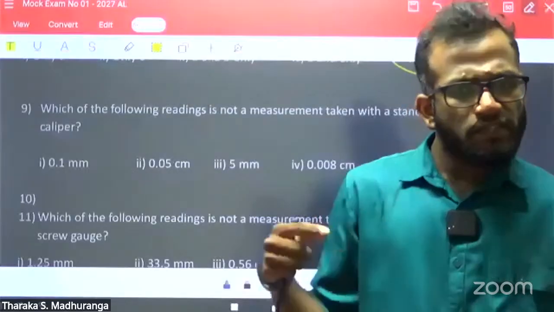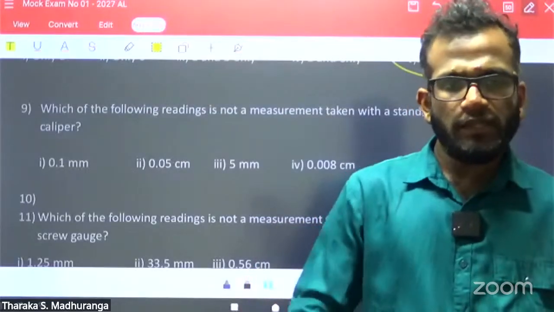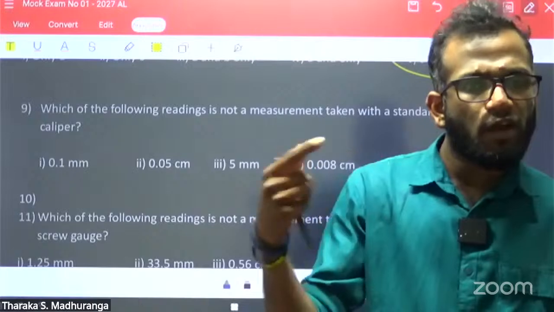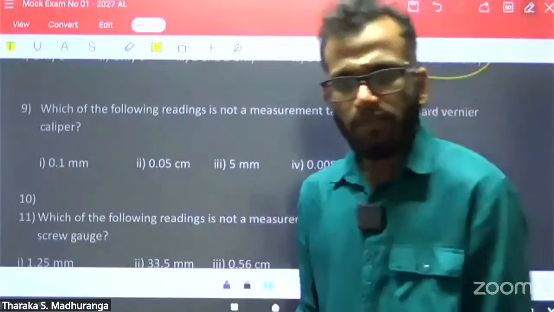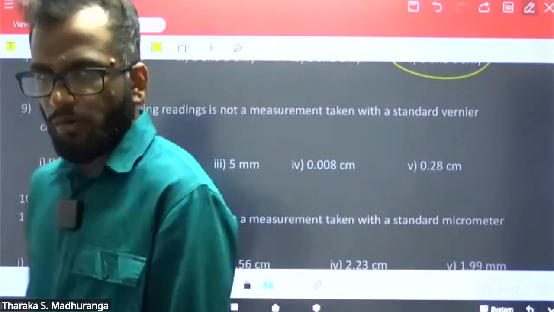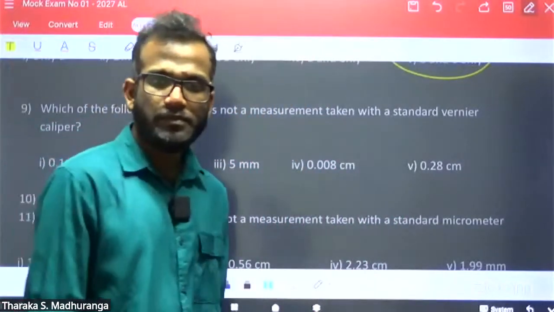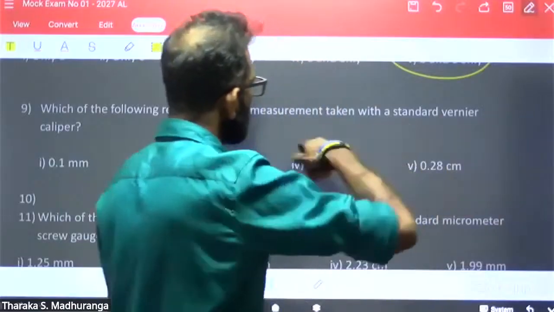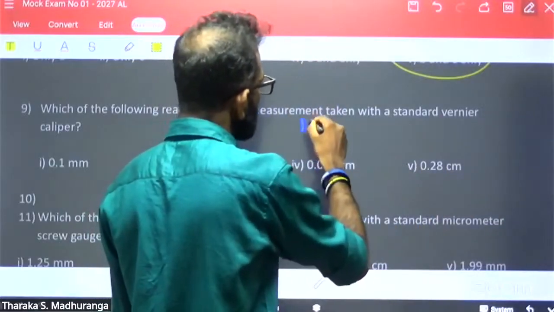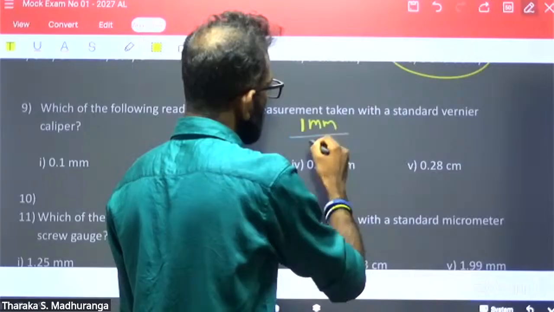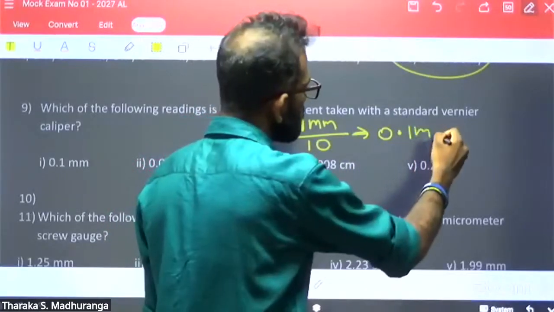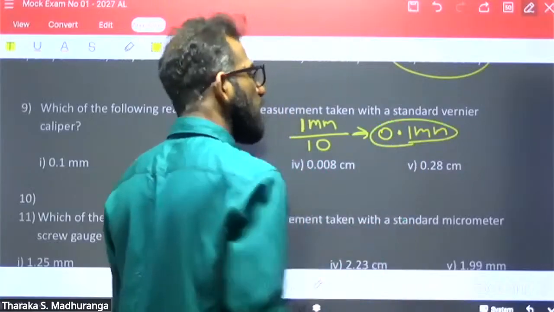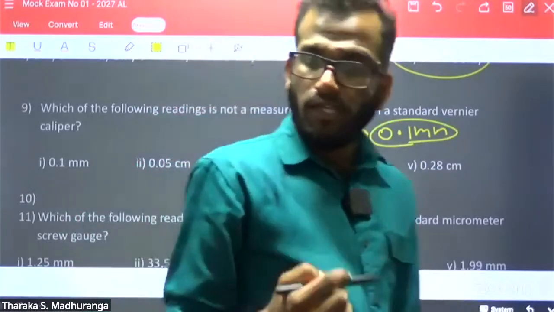What is the meaning of the standard vernier caliper? How about the least count of a standard vernier caliper? Standard vernier caliper means that we can measure 1 millimeter divided into 10 parts, then 0.1 millimeter is the least count of the standard vernier caliper.